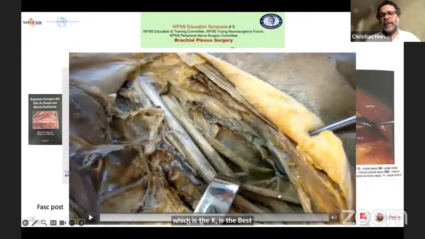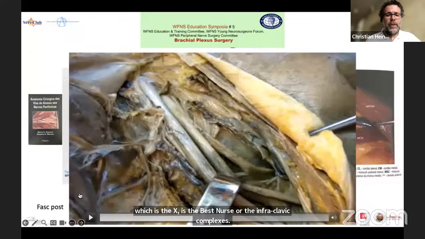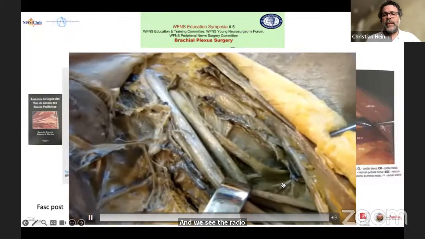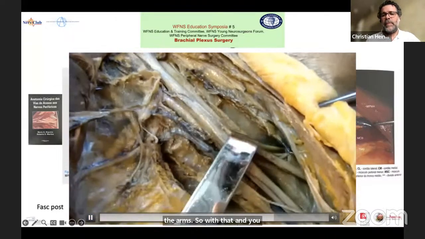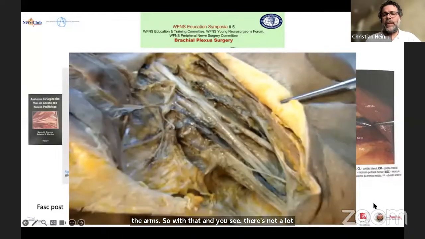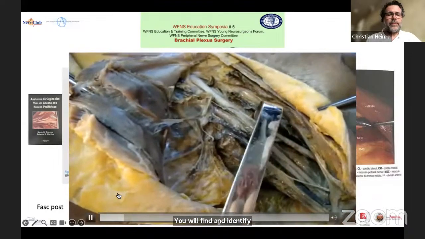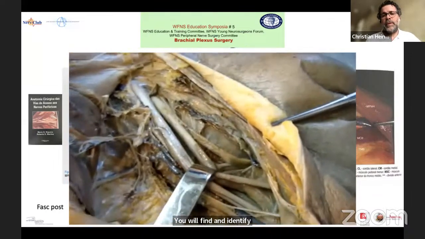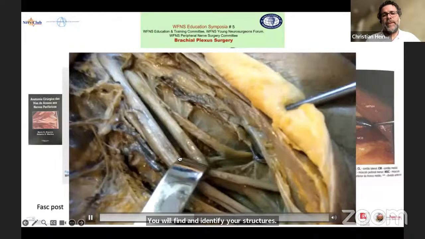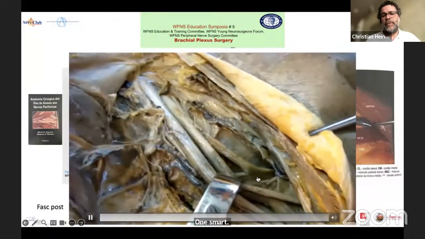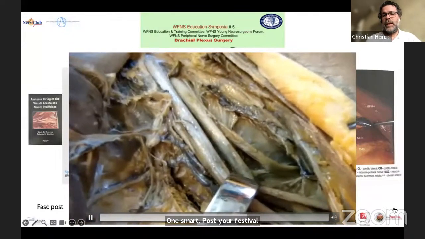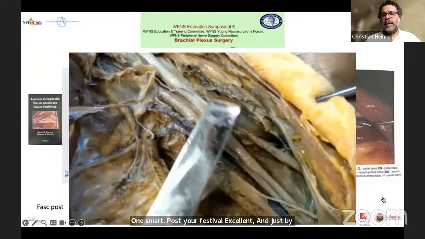And we see the radial nerve that goes further down the arm. With that, and you see there's not a lot of manipulation done, you will find and identify your structures. Once more, posterior fascicle, axillary nerve, radial nerve, just by gently retracting the structures.